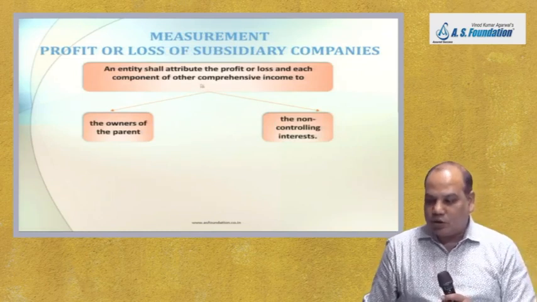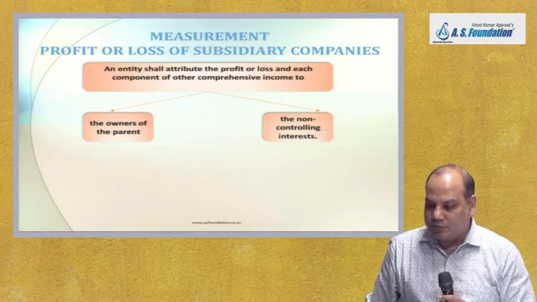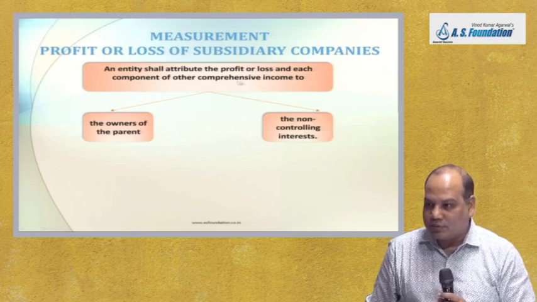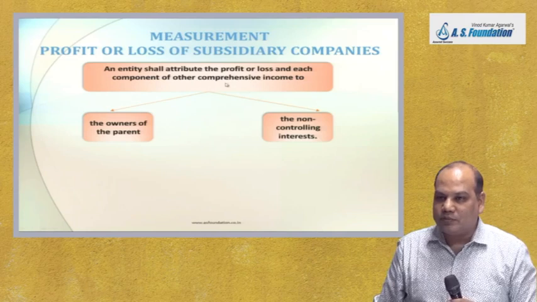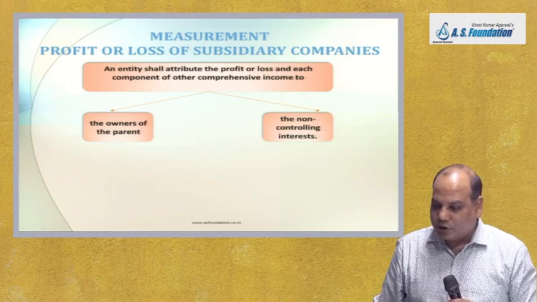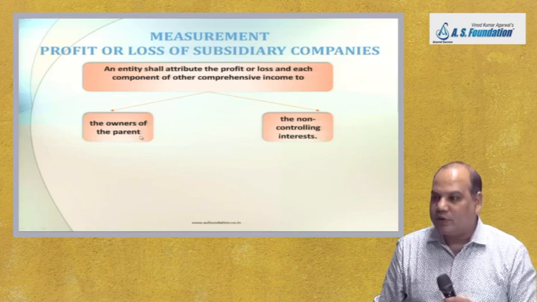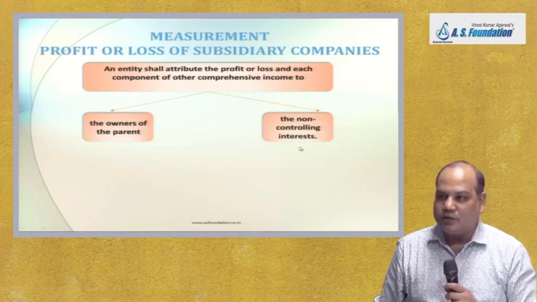In the profit and loss of subsidiary company, of course after making certain adjustments given in the problem like impairment of goodwill, unrealized profit or loss, additional depreciation on revaluation, etc. After making adjustment in the subsidiary's profit, then divide the profit or loss and each component of other comprehensive income to owner of the parent and NCI.